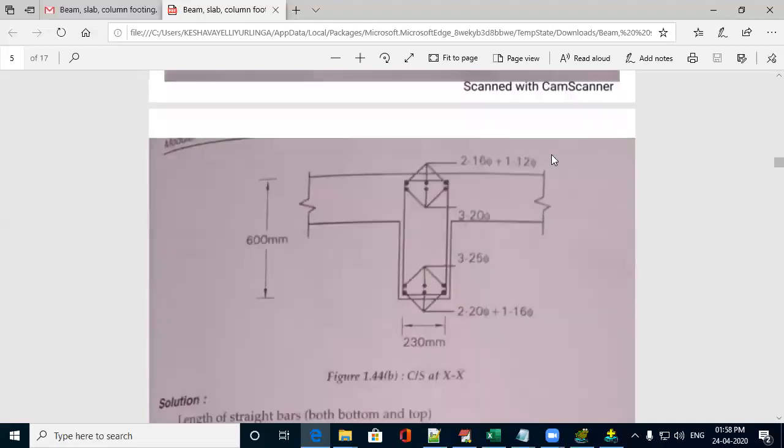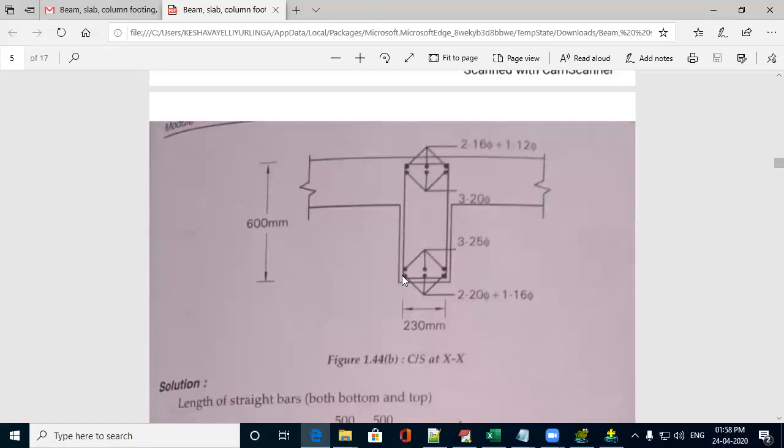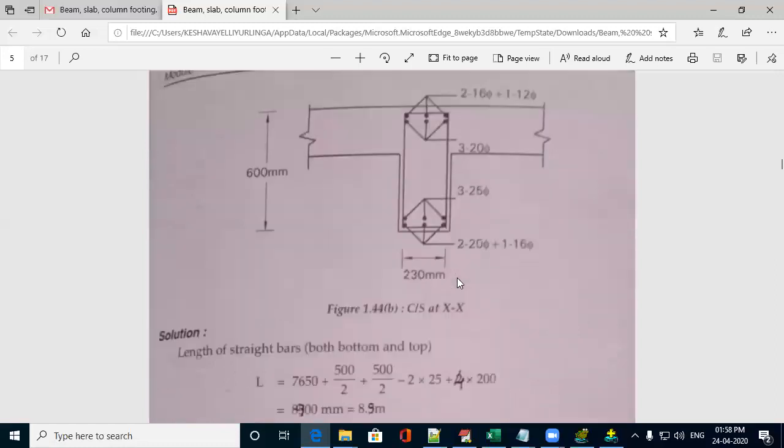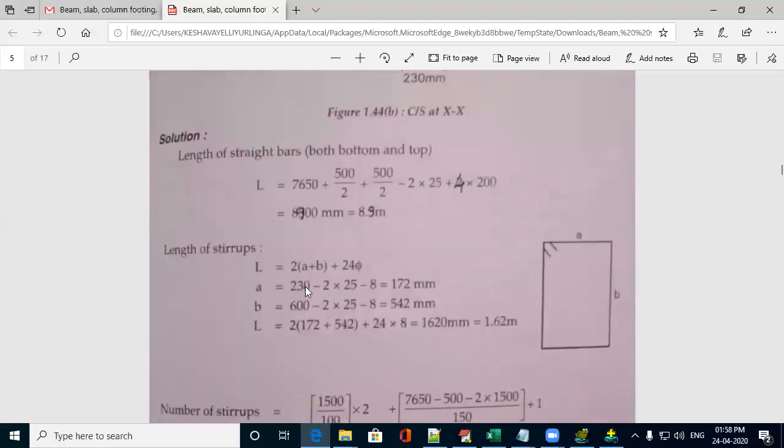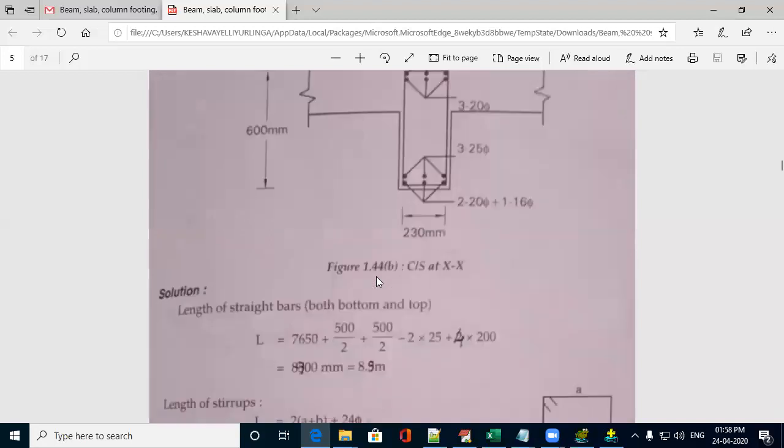See here you can observe the cross section at XX. At this point the dimension will be 230 mm. So in the calculation of A, 230 minus the cover, 2 times the cover on either side, minus half of the diameter of the stirrups on both sides.